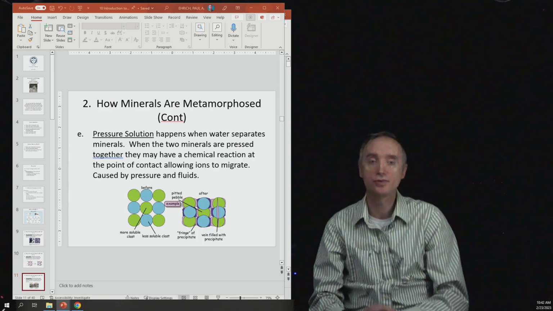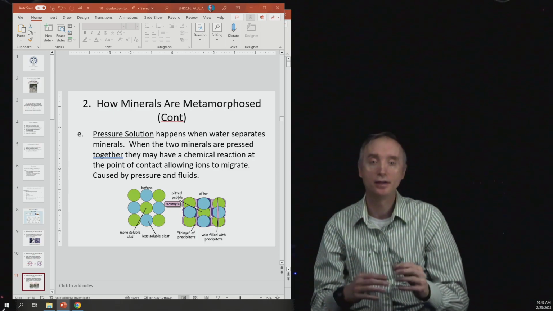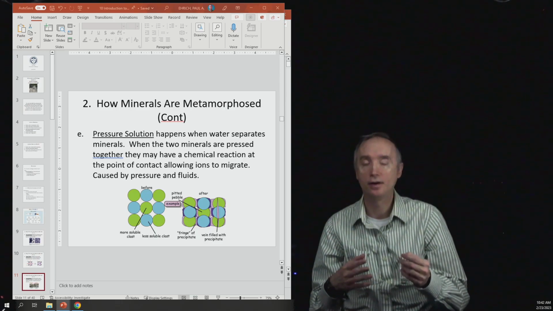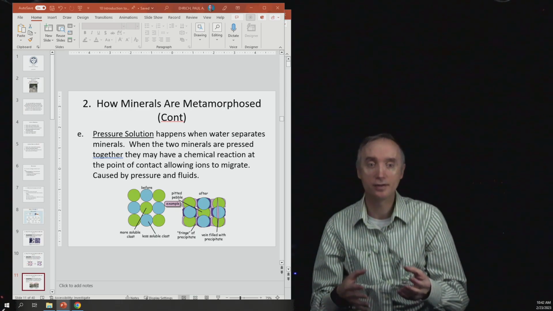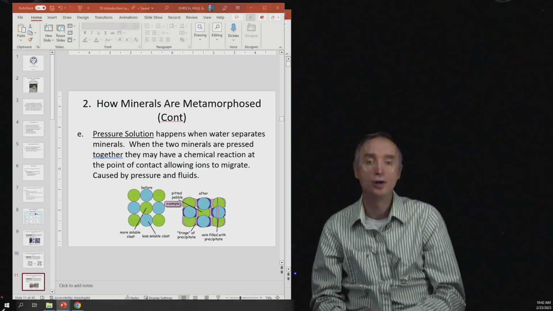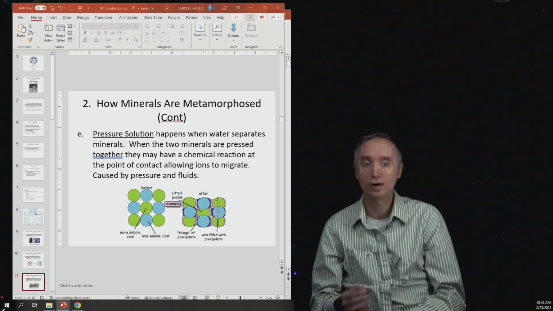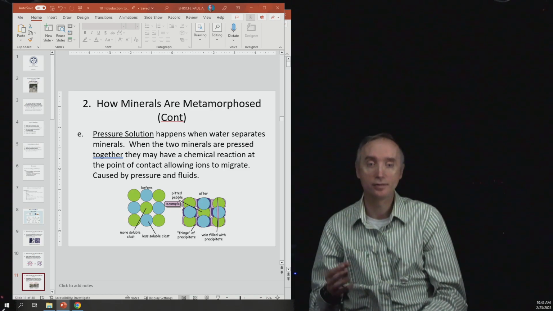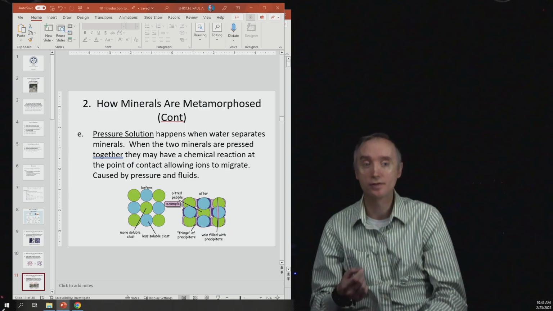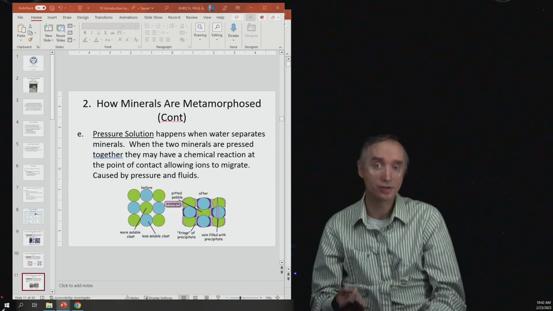So as you squeeze these things together, chemical reactions are going to take place. The chemicals can separate into ions. For example, we talked about calcium carbonate. Calcium carbonate was the chemical formula for calcite, which was the mineral that's found in limestone.